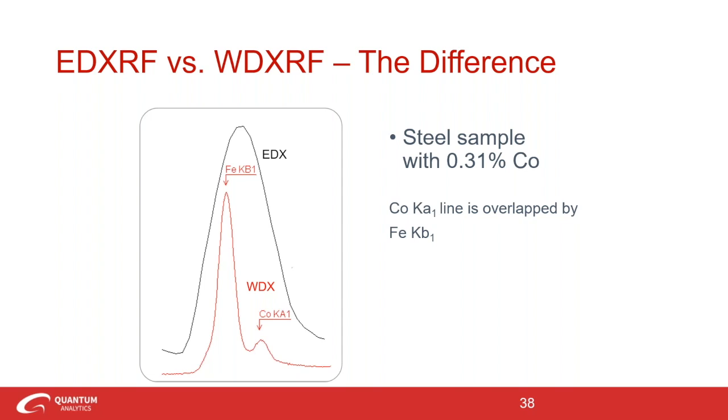It's completely masked. If you look at this with WD, where you have higher resolution capabilities, you can clearly see and distinguish the two separate peaks of iron and cobalt, and determine and quantitate if that element is present.